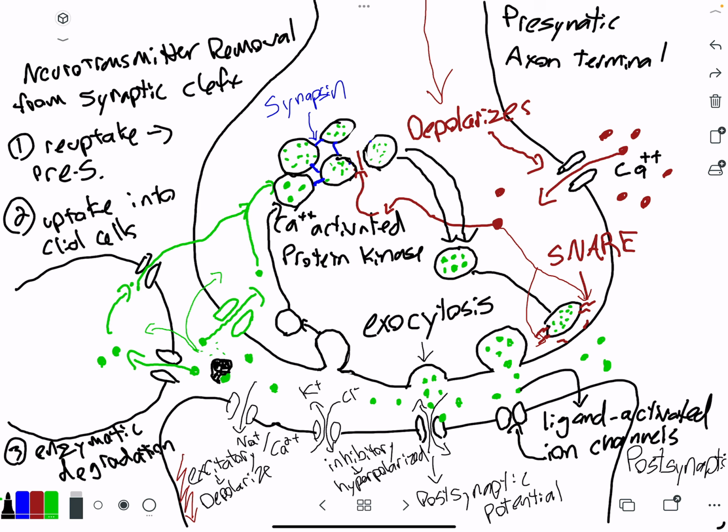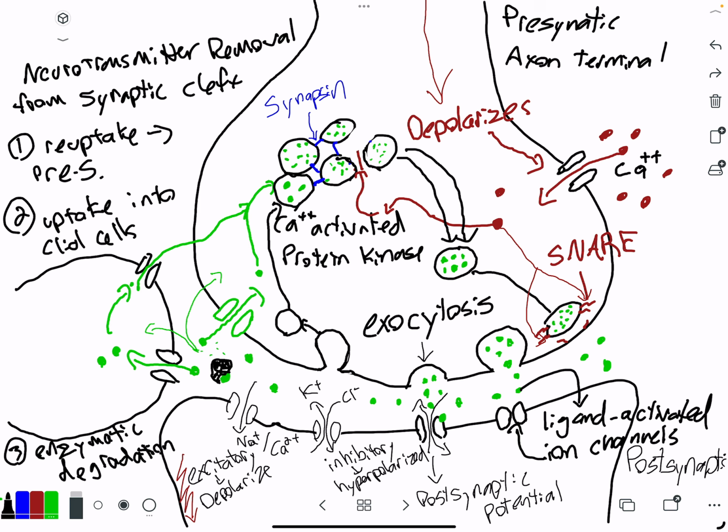So it keeps that cycle going, right? If it didn't do this, the axon terminal would get larger. The membrane would get larger with each vesicle that merges to it if it wasn't retrieved. And it would become too large eventually. So these vesicles are retrieved from the presynaptic membrane.